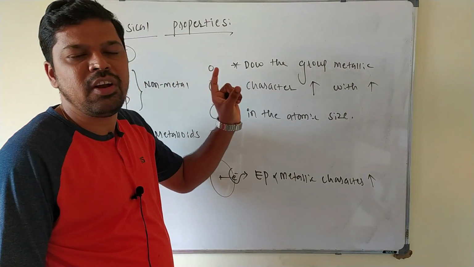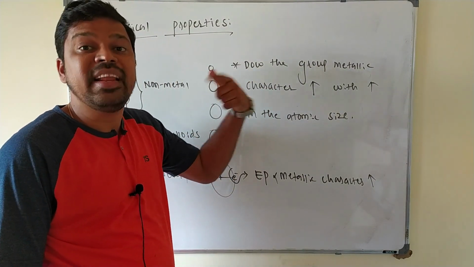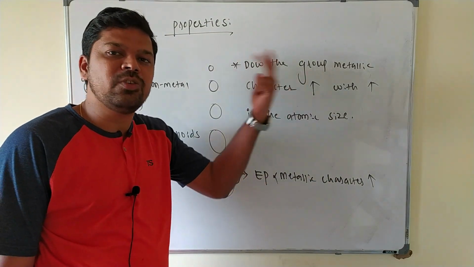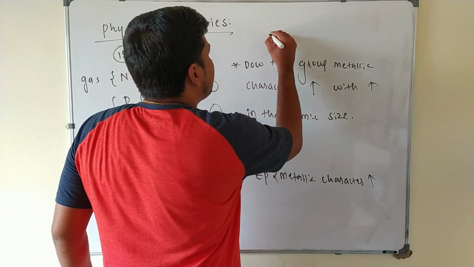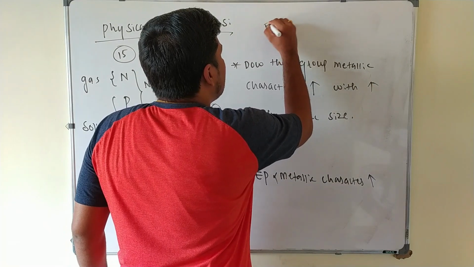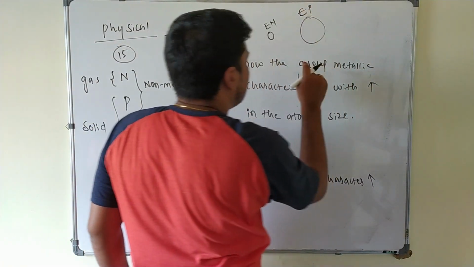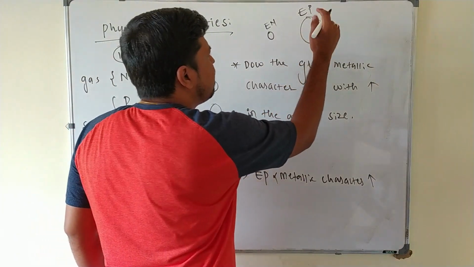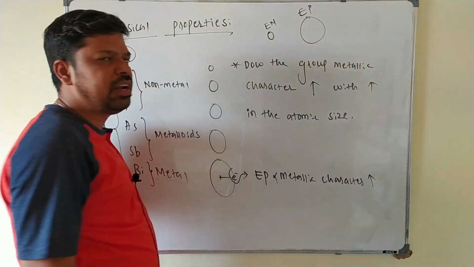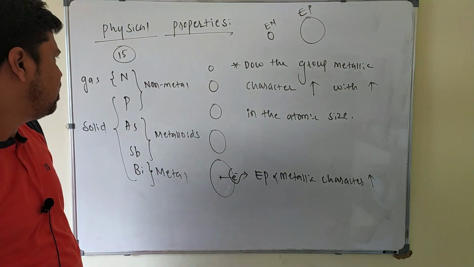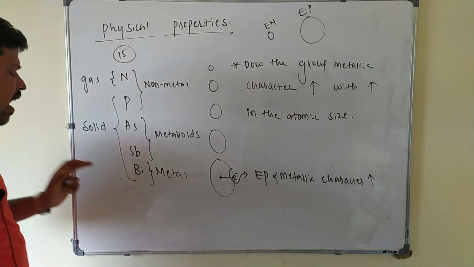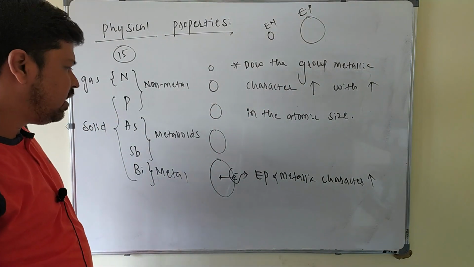Small size atoms will not lose electrons readily, they are electronegative, they have a tendency to gain the electron. Always keep in mind, small size atoms are electronegative, large size atoms are electropositive. These electropositive metals will lose the electron. These electronegative elements will gain the electrons. This is the metallic character and physical states of the group 15 elements.